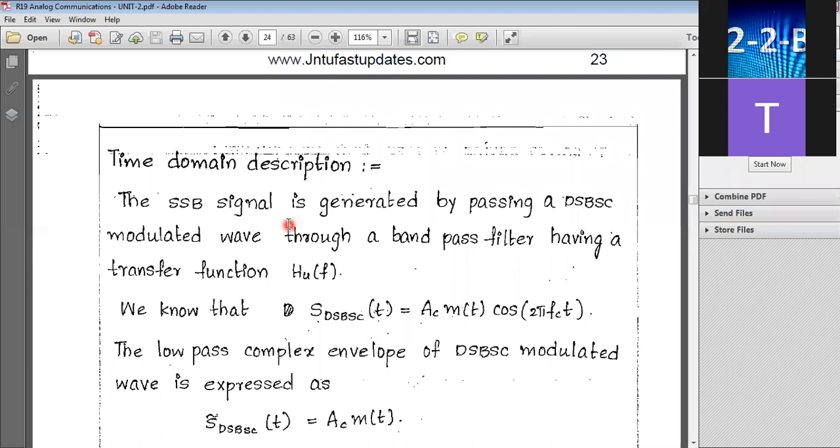So for that purpose, we consider the band pass filter. Why do we consider the band pass filter? Here the SSB signal is generated by passing a DSB-SC modulated wave through a band pass filter whose transfer function is HU of f.